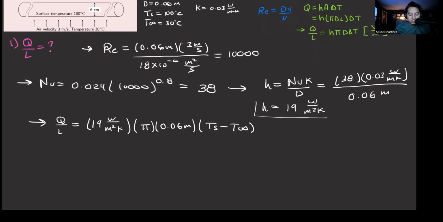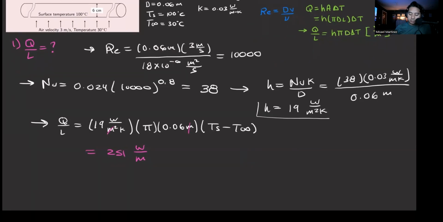You should end up with 251 watts per meter. Let's check the units. The meter cancels with one of the meters, we end up with watts over Kelvin, and the temperature difference is in Kelvin or Celsius, same thing. And yes, we end up with watts per meter. This is our heat transfer per unit length for this problem.